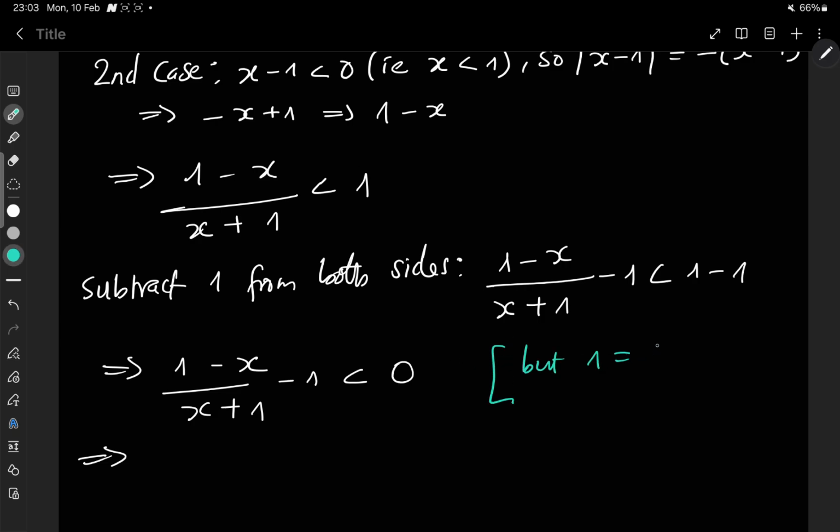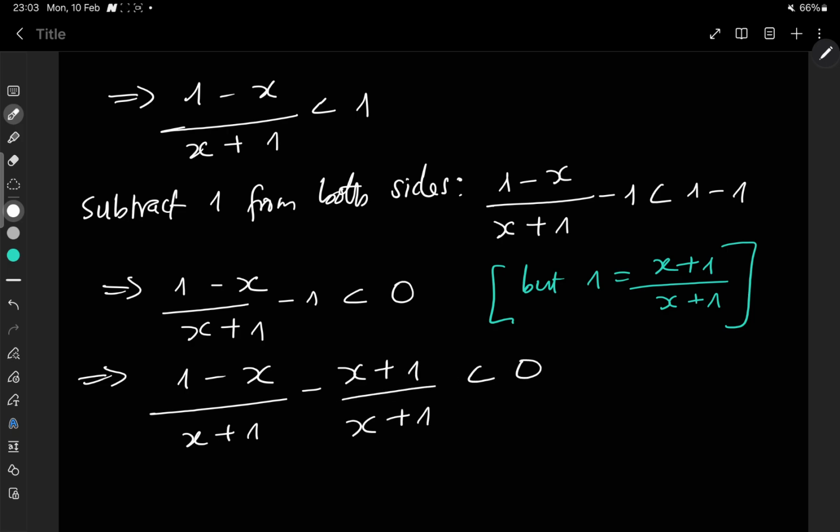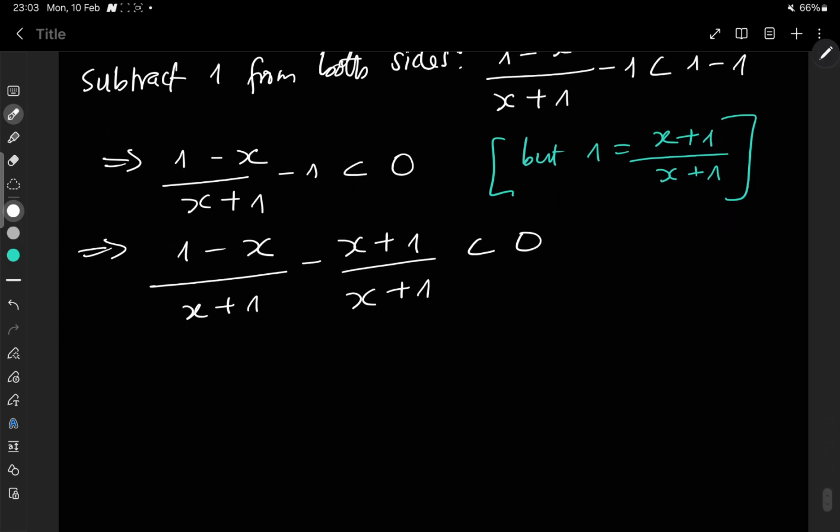But 1 is x plus 1 over x plus 1. So we have to substitute it. That will now give us 1 minus x over x plus 1 minus x plus 1 over x plus 1 is less than 0. Combining the fractions gives us x plus 1.